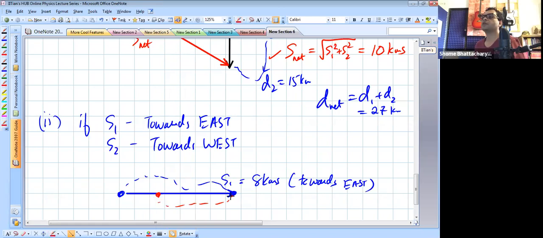From this point, the displacement is back to this point. So this is my second displacement, S2, which is 6 kilometers towards west.